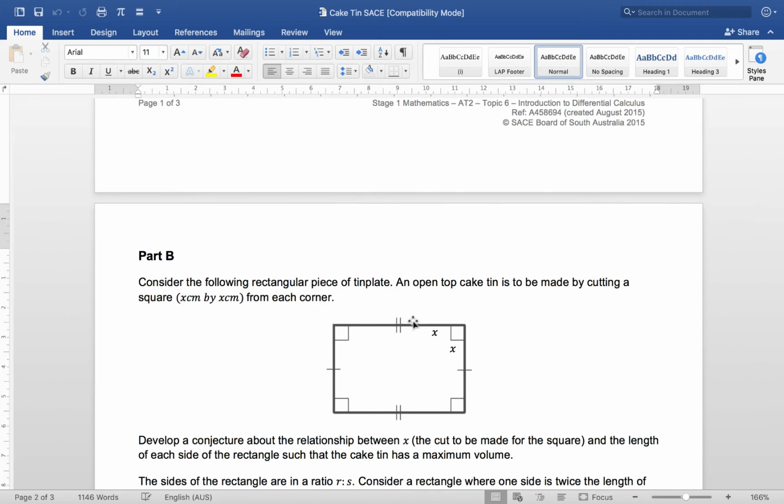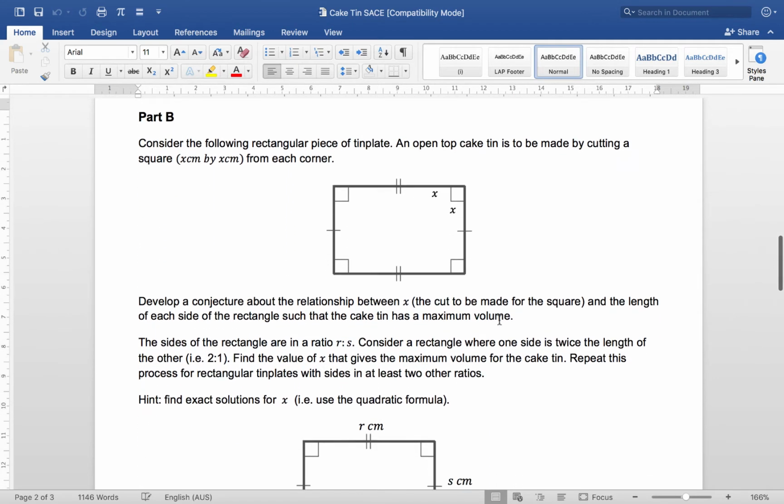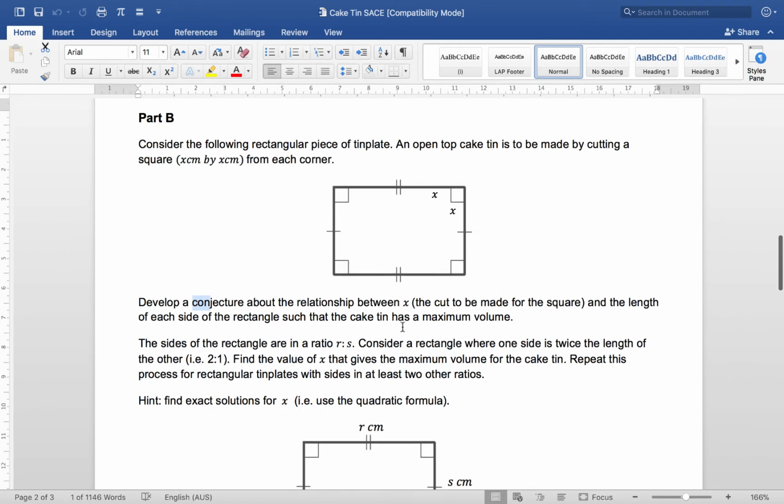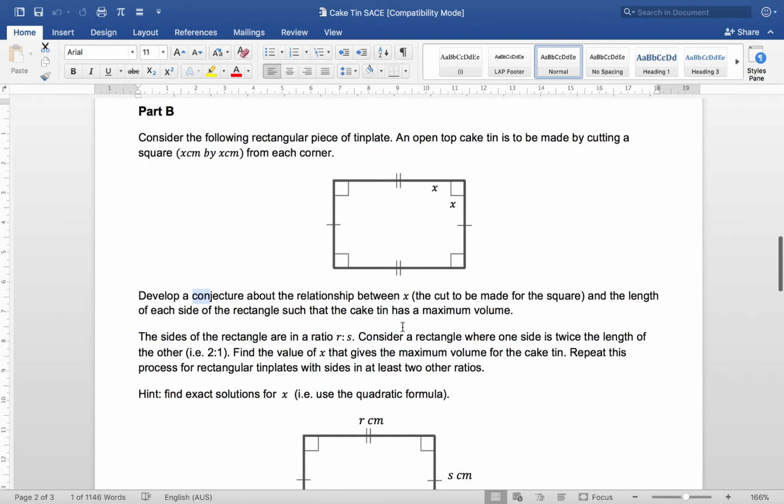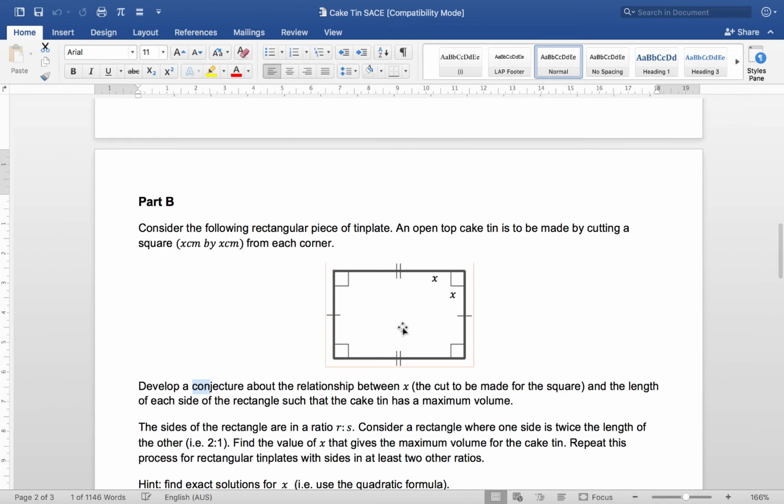Then you're going to do the same for a rectangular piece, and it's exactly the same process as before, just going through and working out the values of x versus the length. So develop a conjecture about the relationship between x and the length of each side. So what you're going to do is determine the length of each side to start with, and then work out a formula.